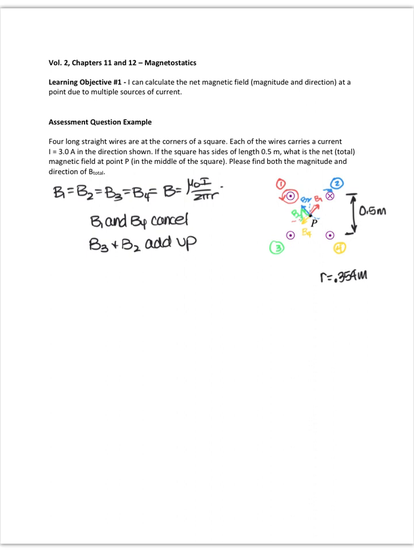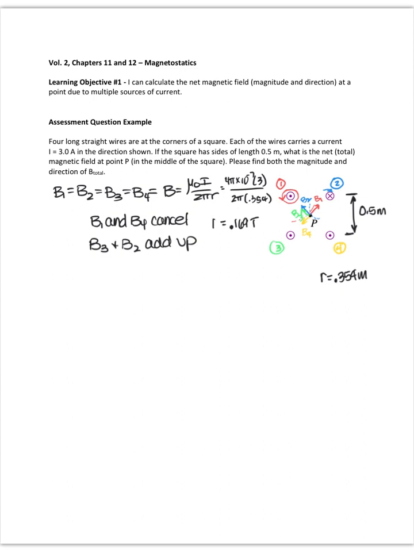First of all, I want to find the magnitude of each field by putting in my values. I find the magnetic field of each one of these is 0.169 Tesla.